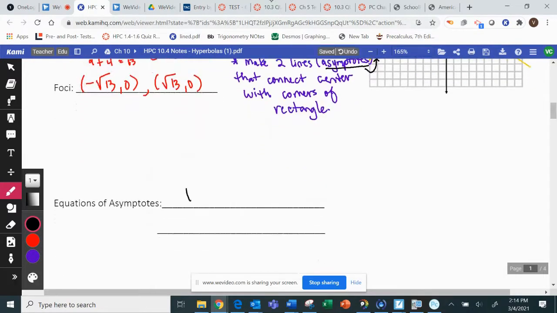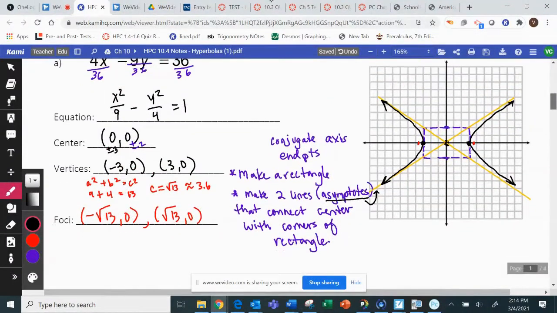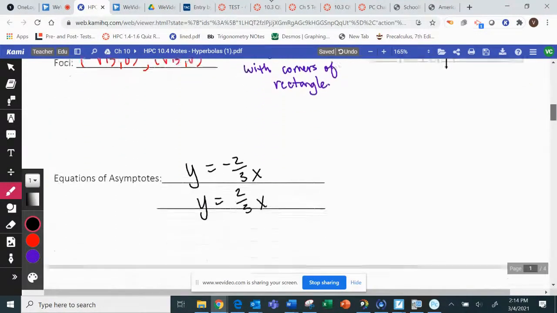So my equations will be y equals negative 2/3 x and y equals positive 2/3 x. So it's pretty similar to the stuff we did, with the exception of now we have asymptotes.